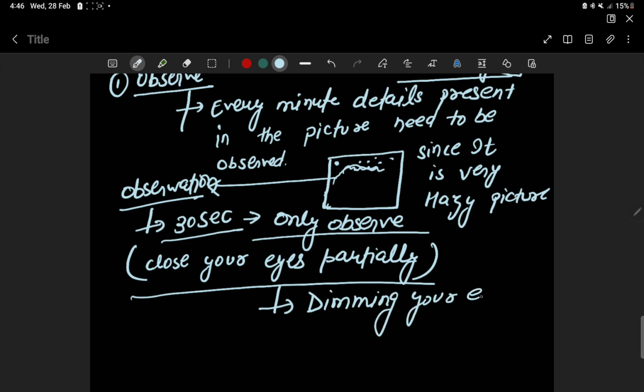While you are observing, dim your eyes and look for minute details present in the picture. So the first action to make a good story is to observe the picture carefully.